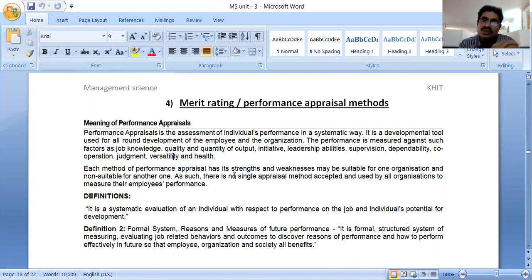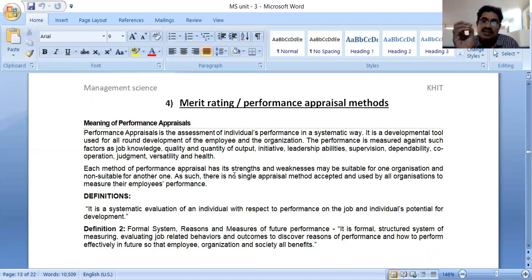Again, if the performance is bad, then we give him counseling. Again, after completion of counseling, we will check the performance of the particular candidate. Again, if we get bad performance from that employee, then he departs from the organization. Just we will give the golden handshake, right? So this is all about performance appraisal.